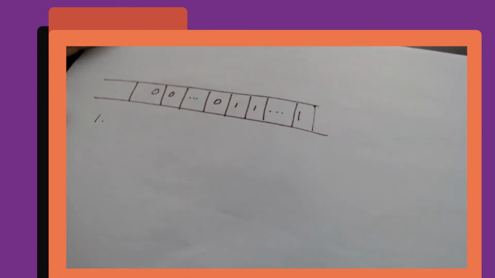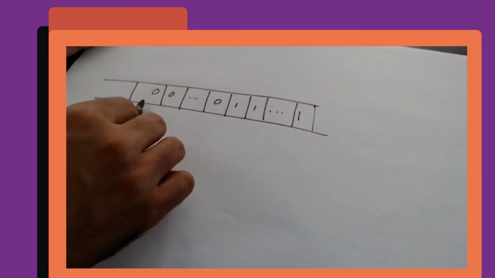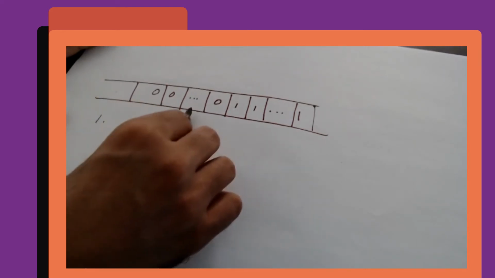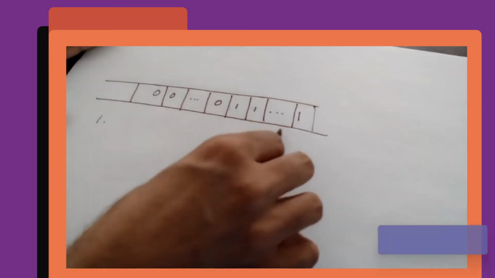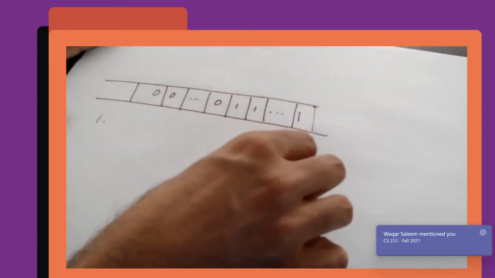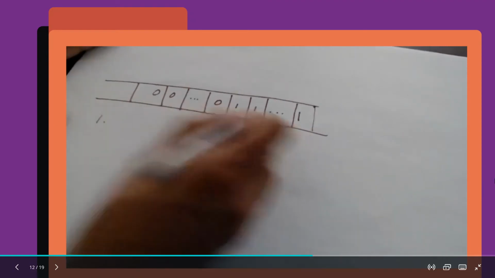Okay, so you can see that the Turing machine has to make one pass over each of the cells of the input, going all the way till the end of the tape, and that will be enough to check whether all the zeros occur before all the ones. So how much time is that going to take?